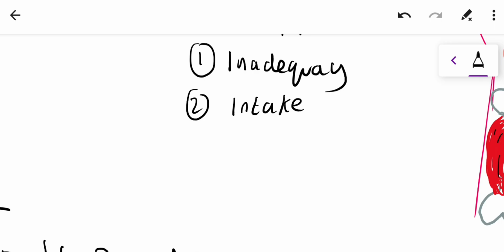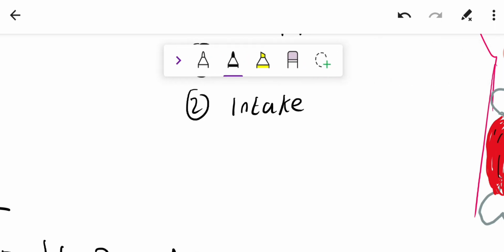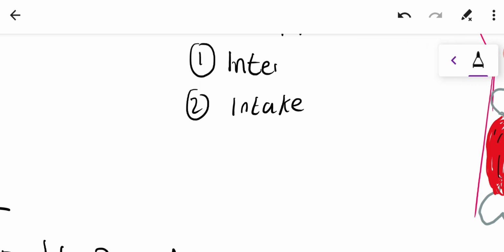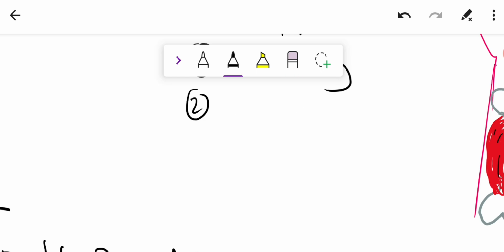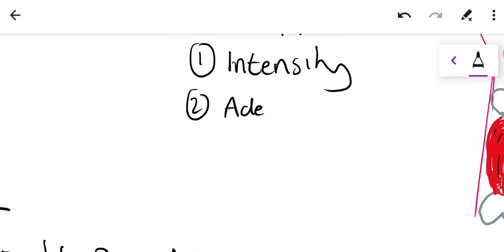Intensity, adequacy. I know it begins with an E. Economy and effectiveness.